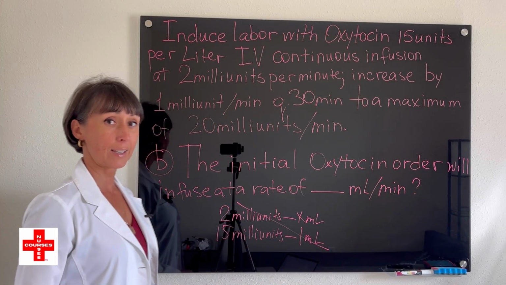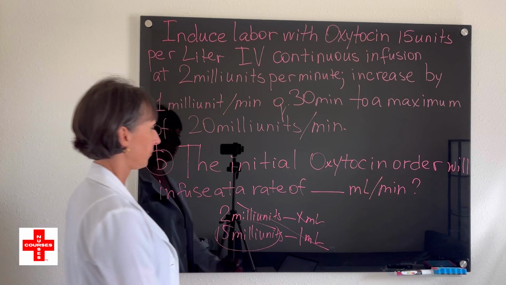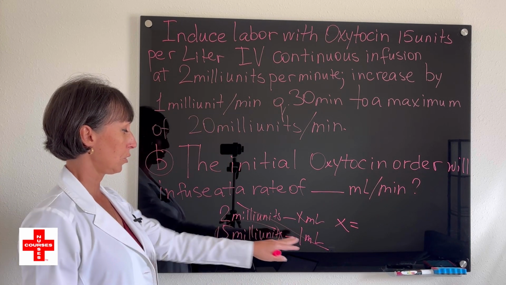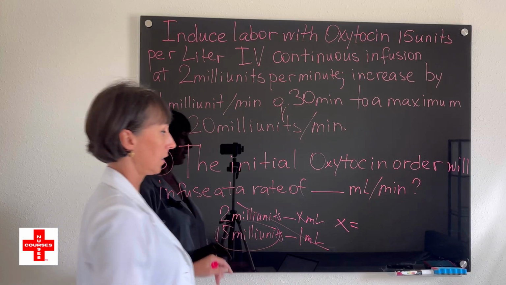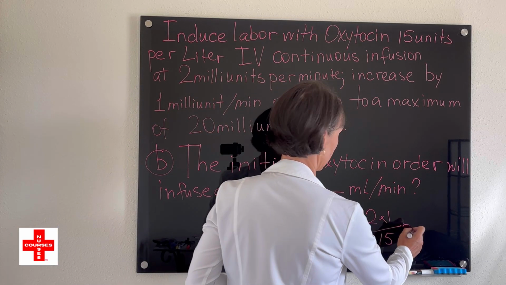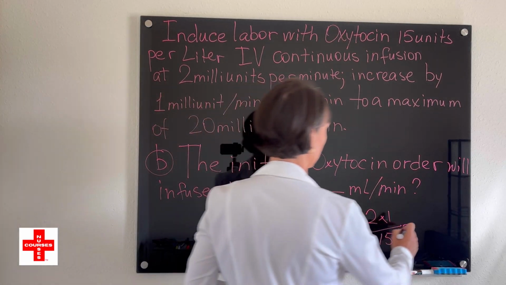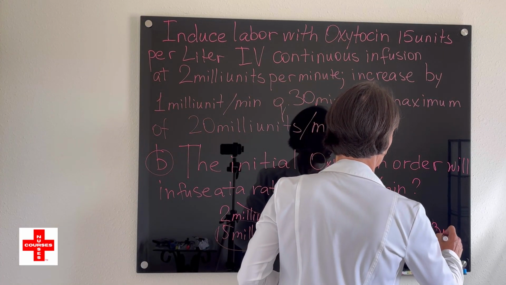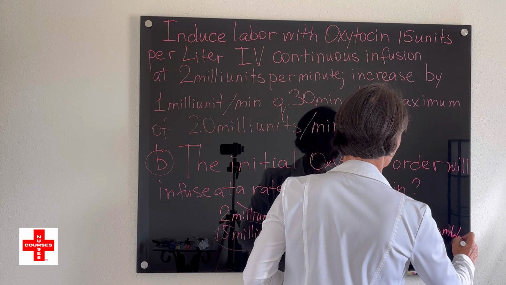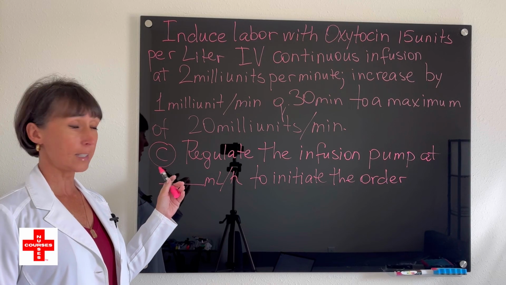We multiply on the diagonal. We divide by the third number. X equals 2 times 1 divided by 15. And that equals 0.13 milliliters per minute.